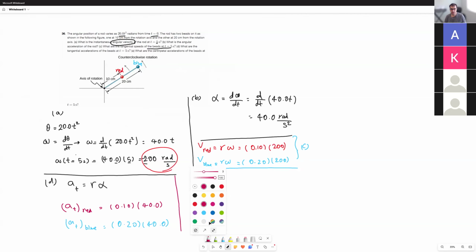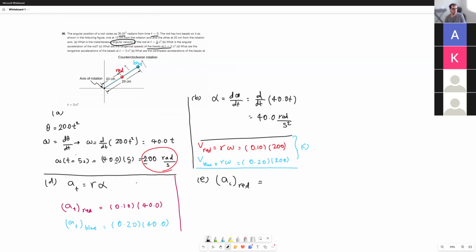Last, part E. What's going to be the centripetal acceleration? A centripetal of red is going to be equal to V squared over R, exactly.